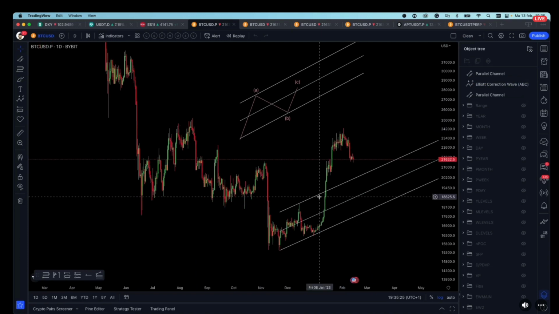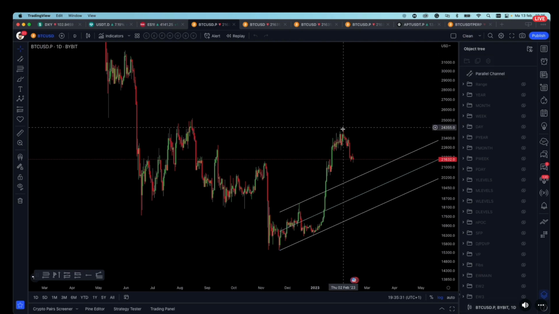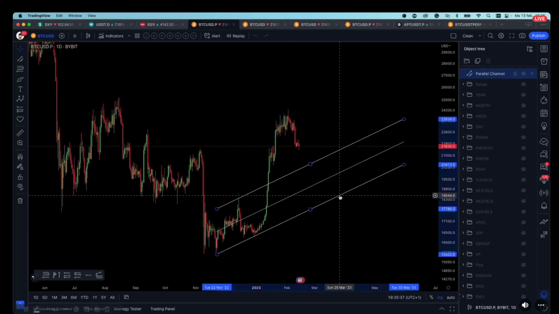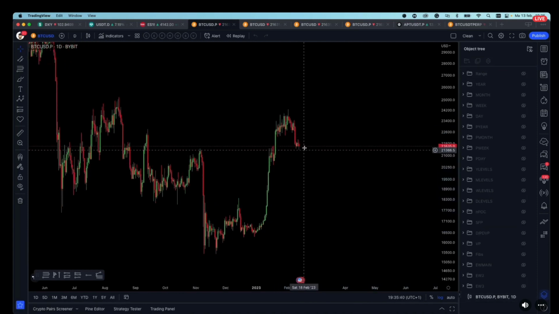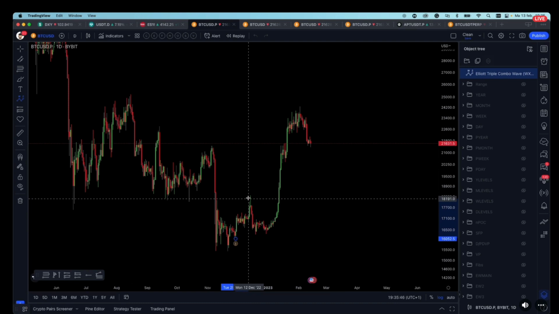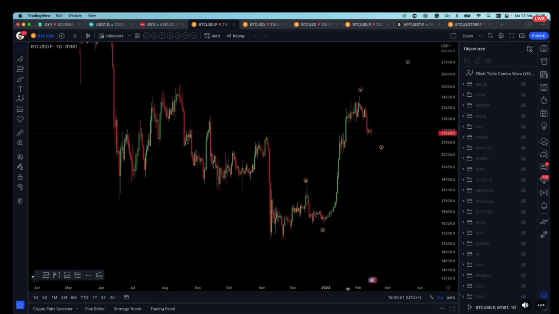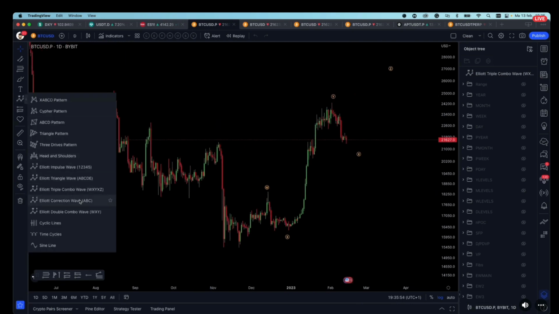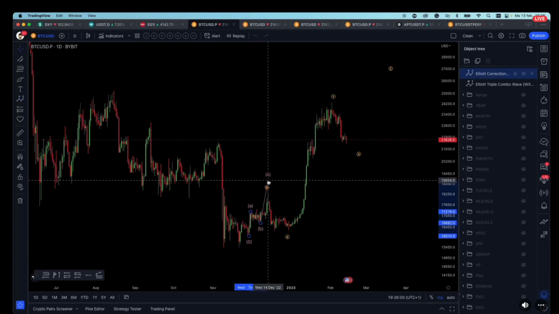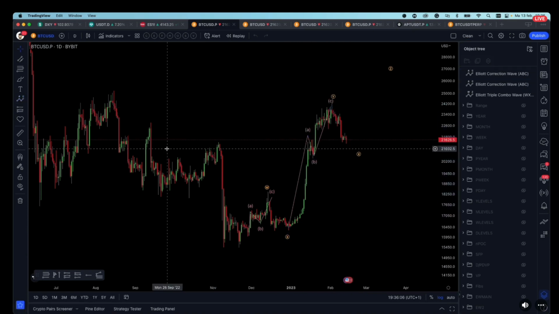To me, this one is too extended to be a C wave, actually. This cannot be a C wave, in my opinion. So it's a higher probability that this is going to be 1, 2, 3, 4, and 5, or at least W, X, Y, X, Z. And then I actually start my count over here as an A, B, C. And the next one, A, B, C over here.